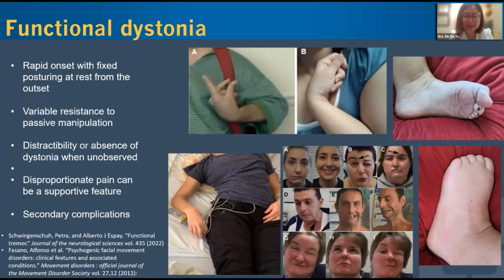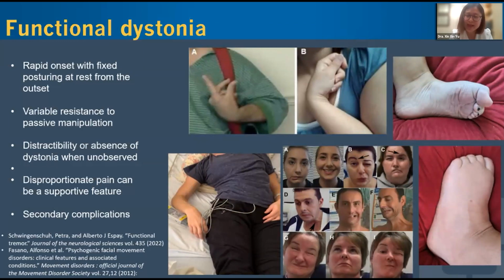It's not uncommon to see secondary complications with functional dystonia, such as some of the findings that you might see with CRPS, complex regional pain syndrome type 1: some skin changes, swelling, some local autonomic responses, even contractures.